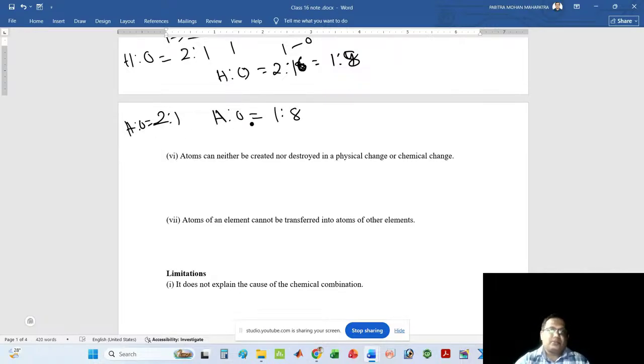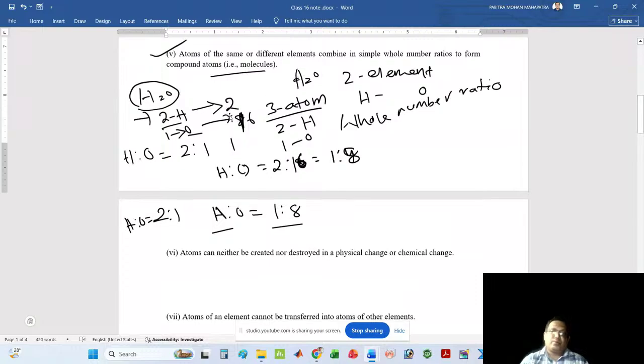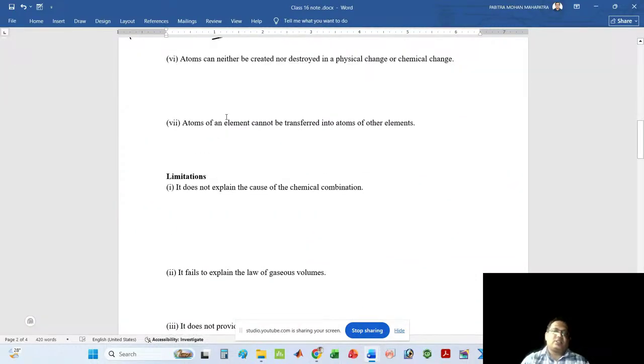For the composition of the water molecule, it is highly necessary to maintain the hydrogen oxygen ratio by mass, that is 1 is to 8. If we change anything, there is no possibility of formation of the water molecule. For a particular molecule, a particular ratio is given, and the ratio must be a whole number ratio. This cannot be a fraction.